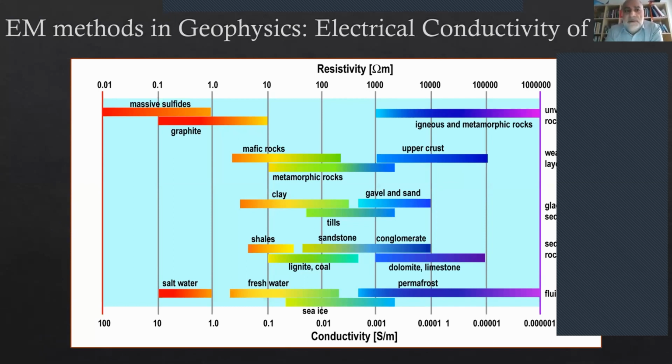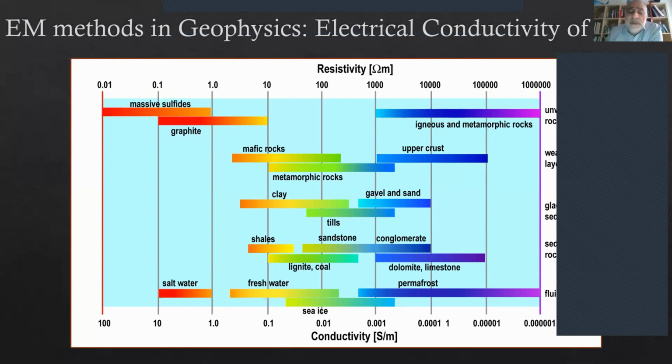This chart shows how the conductivity of rocks varies, for example from a few hundred Siemens per meter for superconductive material like massive sulfide and graphite, and to some extent also seawater, through the middle range of conductivity or resistivity rocks, to super resistive material like unfractured or unweathered metamorphic rocks and other types of rocks. So most of them are resistive, and in the middle, as you can see, we have shales, clay, and sandstones.